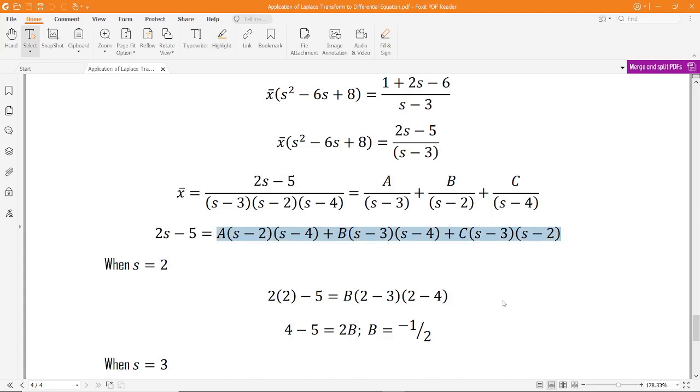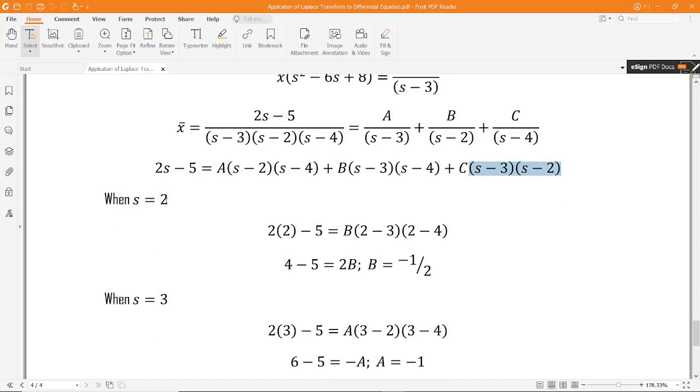So the next thing is to find a way to turn all of this to 0 so that we can find possibly C or B, then turn all of this to 0 again to find A or other coefficients of the partial fraction.